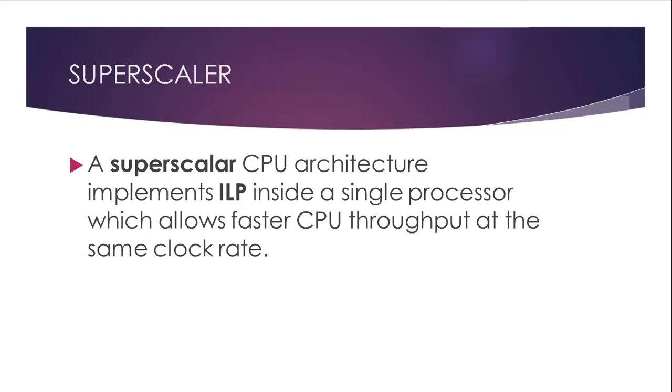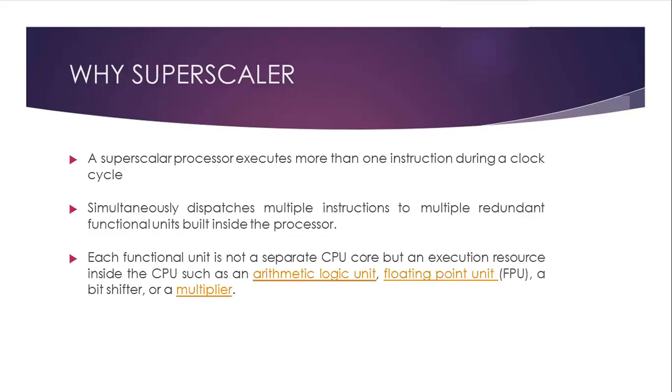Superscalar. A superscalar CPU architecture implements ILP inside a single processor, which allows faster CPU throughput at the same clock rate. Why do we need superscalar? A superscalar processor executes more than one instruction during a clock cycle.